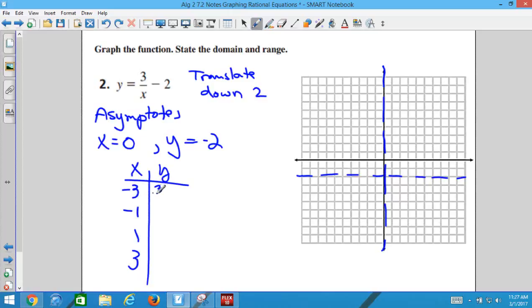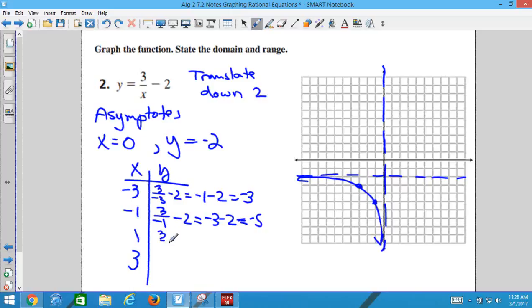So if I have 3 divided by -3, minus 2, -1 minus 2 is -3. And then -1 is going to be 3 divided by -1, minus 2, so -3 minus 2, -5. Now we'll connect that branch.